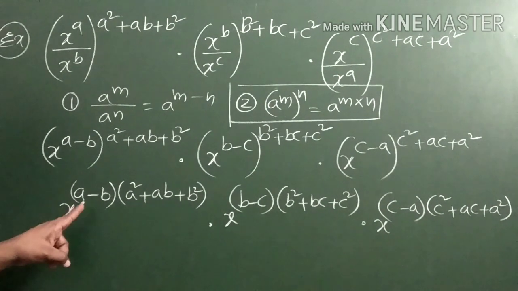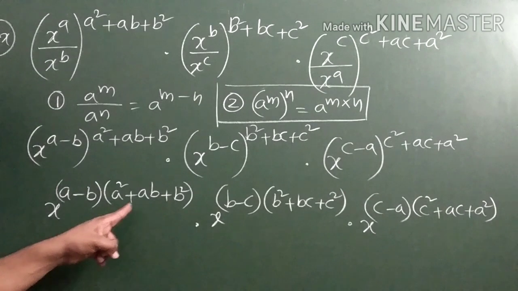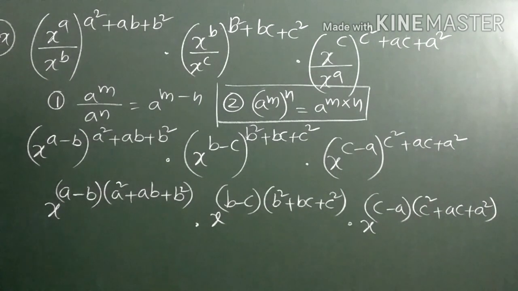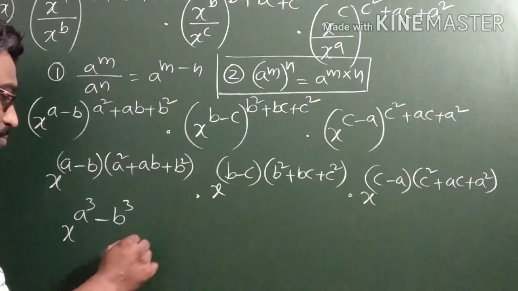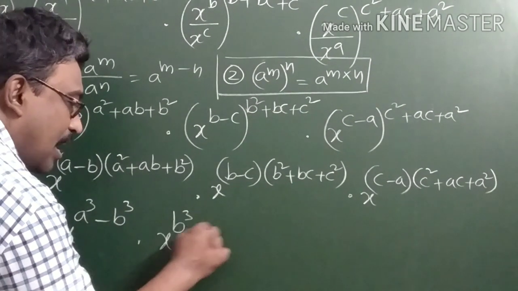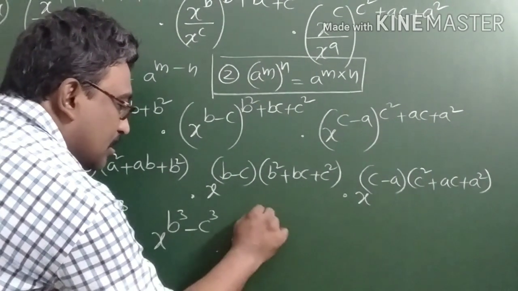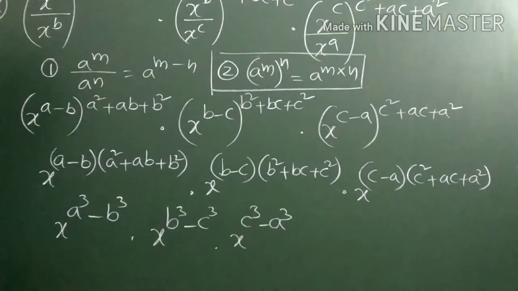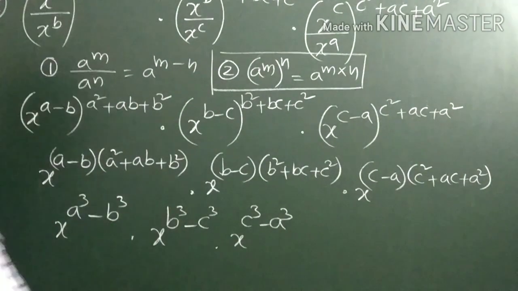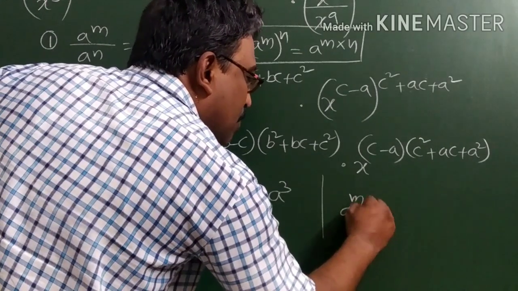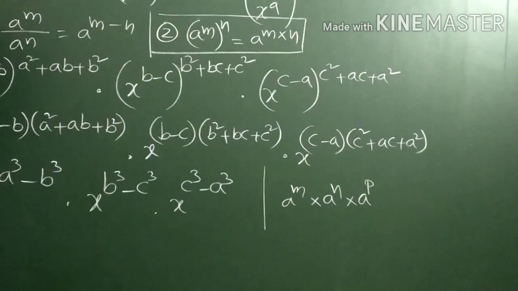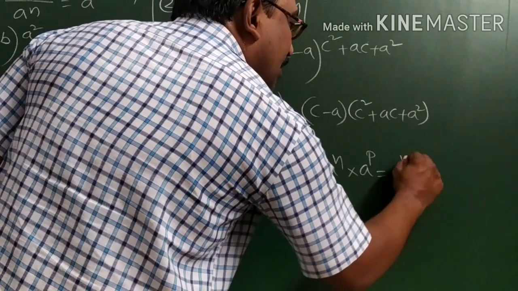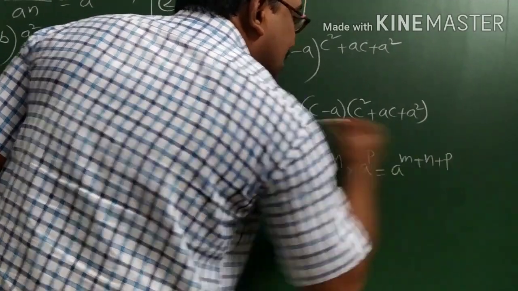Now look at these two: (a-b) into (a² + ab + b²) is a formula, write a³ - b³, into b³ - c³, into c³ - a³. Now bases are equal, powers should be added. a^m into a^n into a^p can be written as a^(m+n+p).